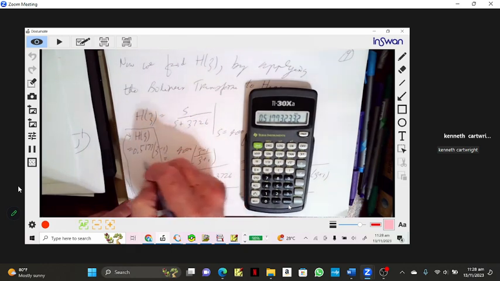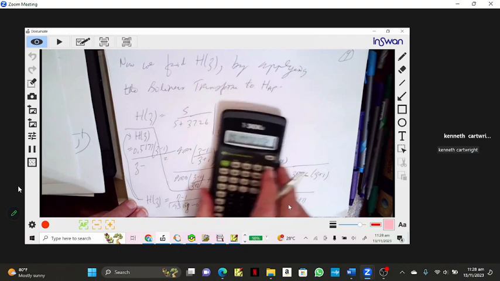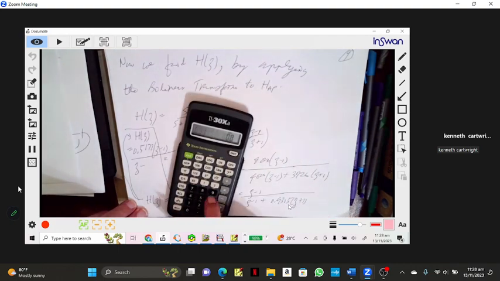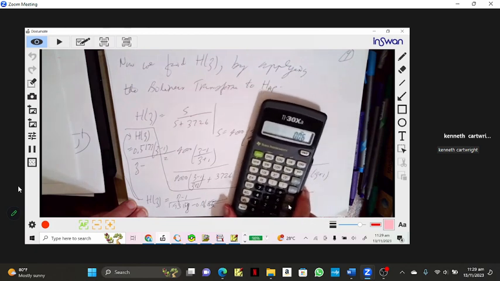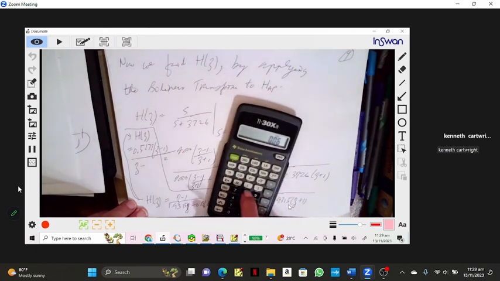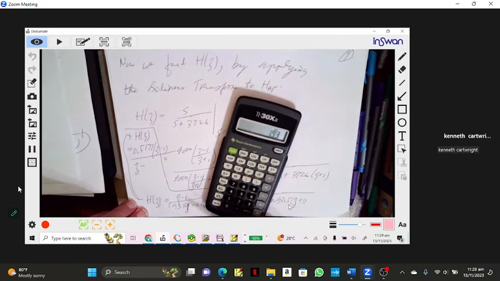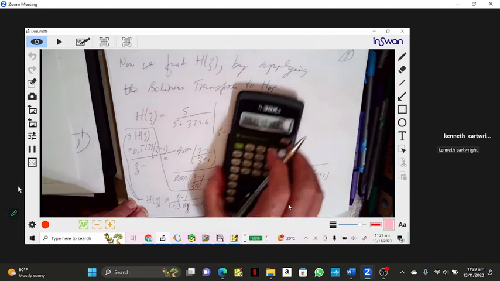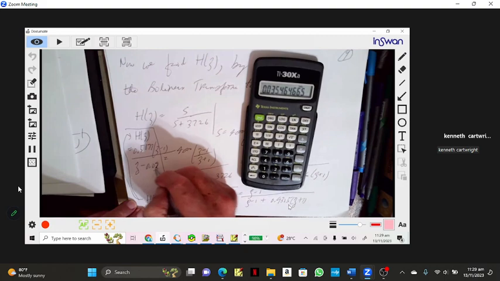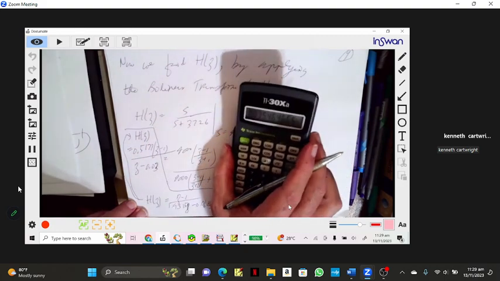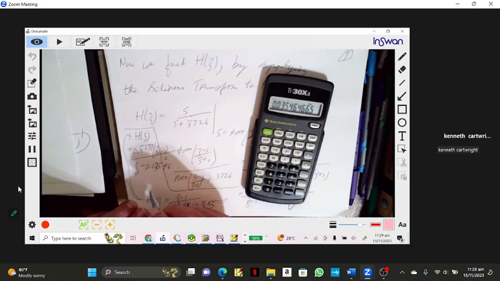Z minus 1 over Z minus 0.0685 divided by 1.9315 equals 0.03546.